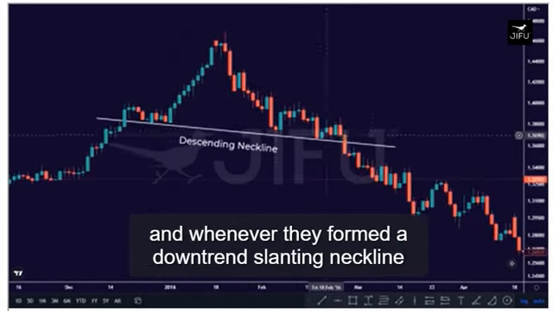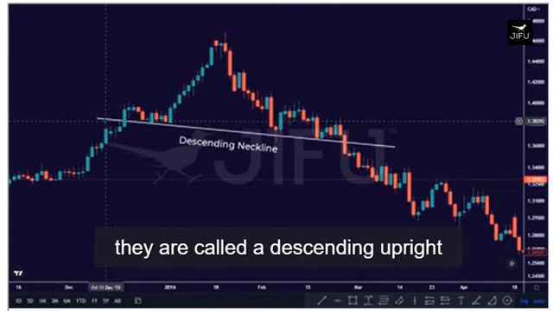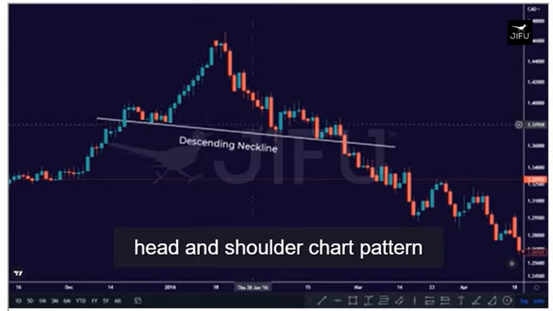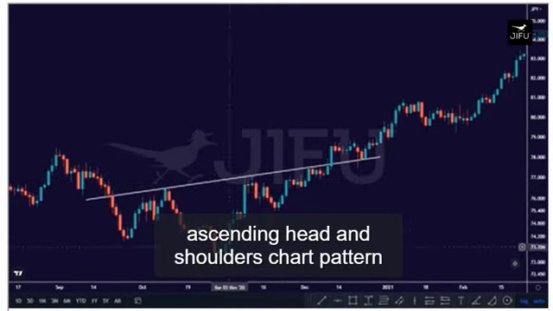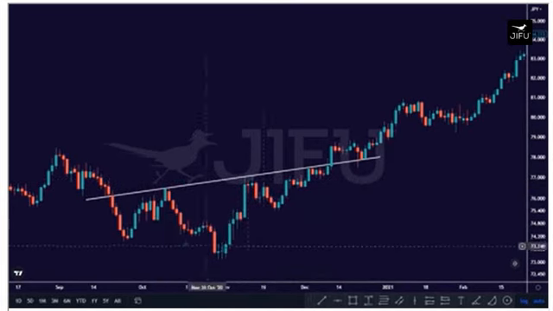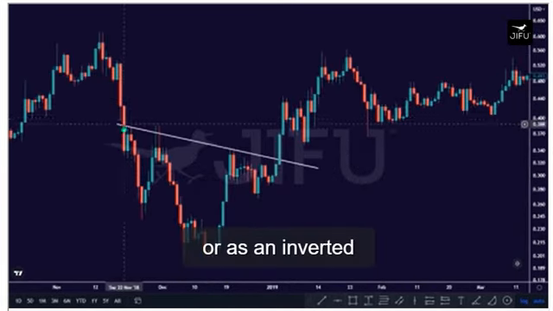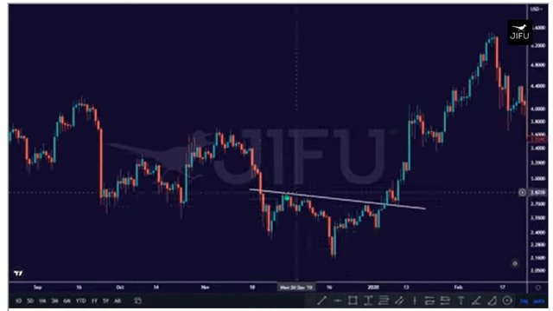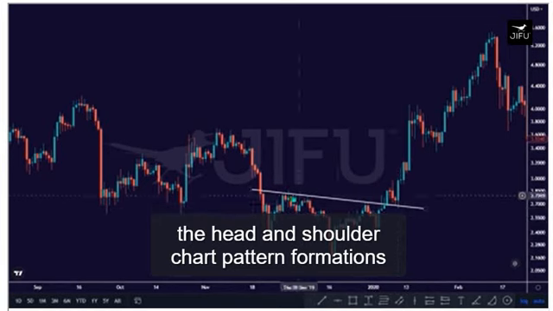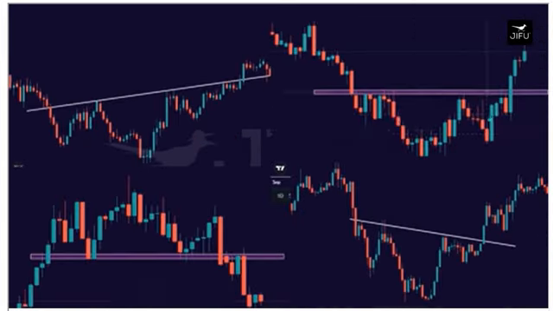And whenever they form a downtrend slanting neckline, they are called a descending upright head and shoulders chart pattern. This pattern can also appear as an inverted ascending head and shoulders chart pattern, or as an inverted descending head and shoulders chart pattern.